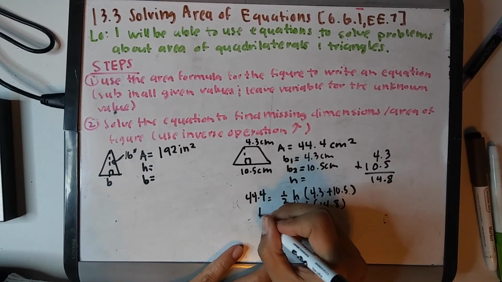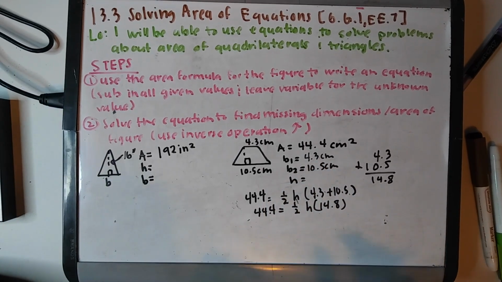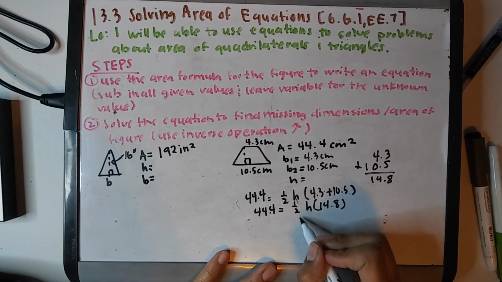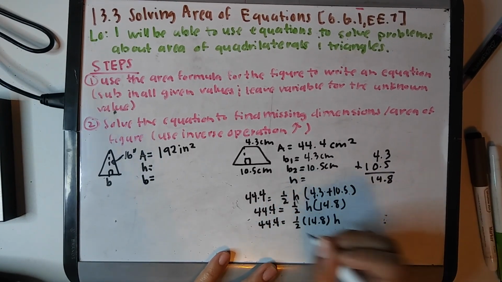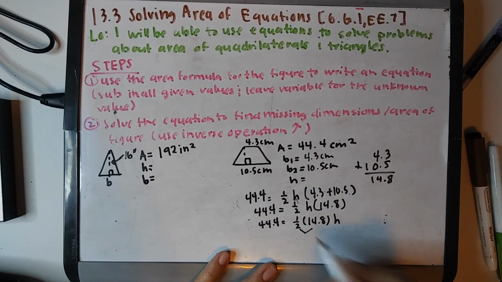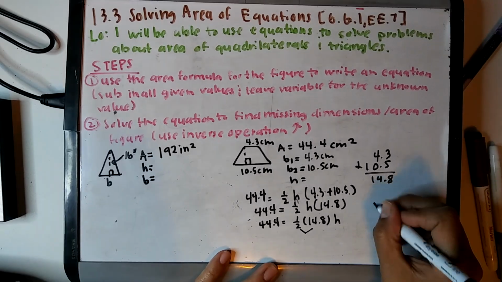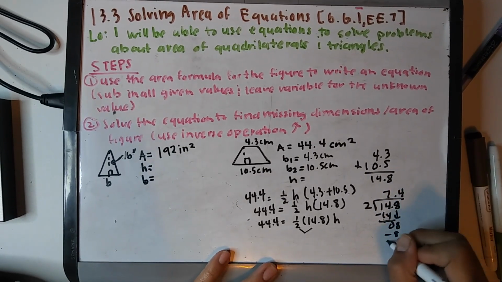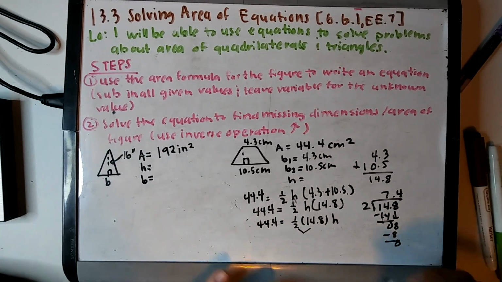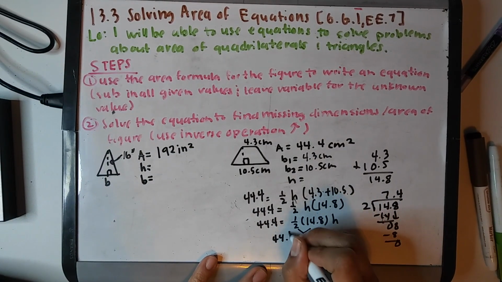Okay, and then I have this on the other side. Remember, I can move things around when I'm multiplying. So I move this one over here, so then I do half of that. Remember, multiplying by 1/2 is the same as dividing by 2, so I'm gonna do that. So this is 7.4H, and then you have this right here.